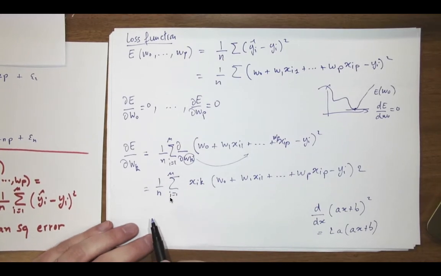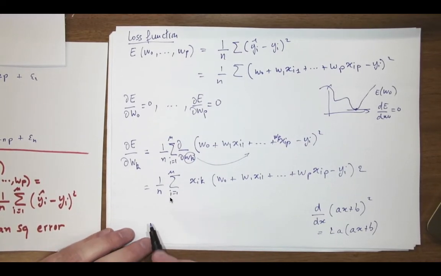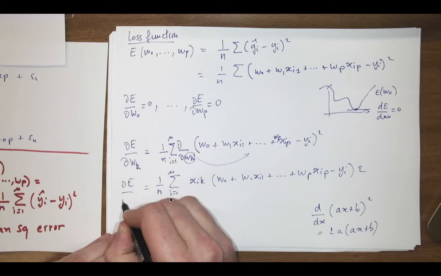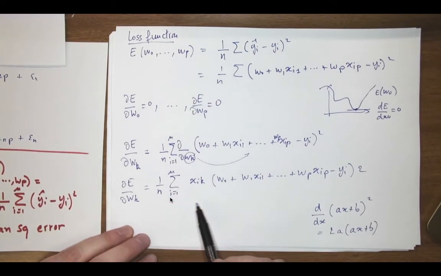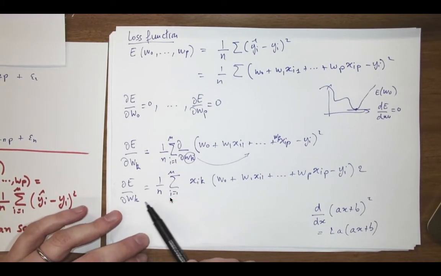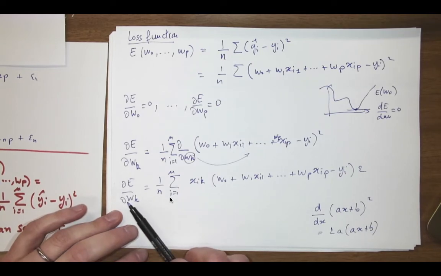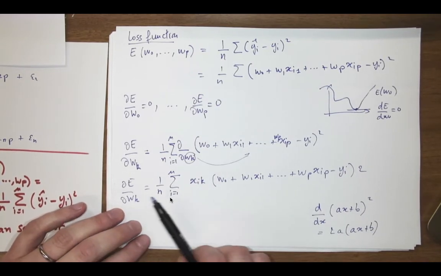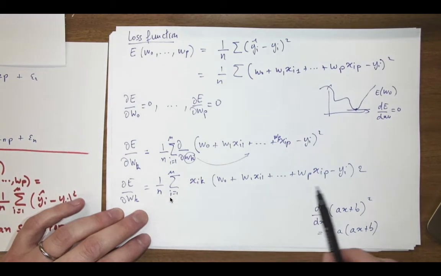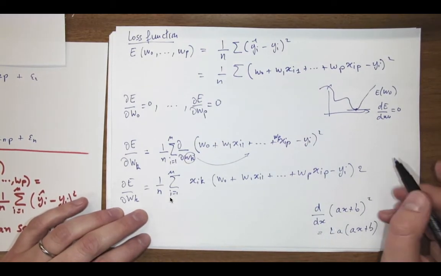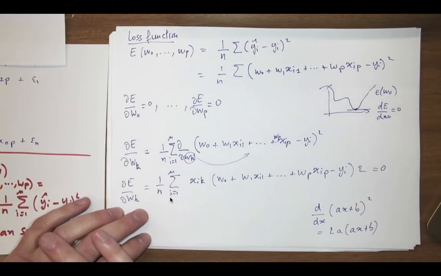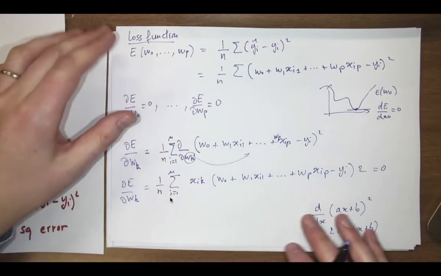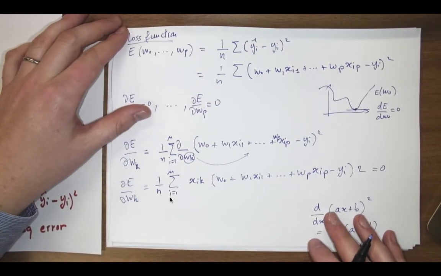Okay, so coming back, we have this equation, the partial derivative of the loss function. That's the expression for it, and we know it's 0. All right, that's a big one.